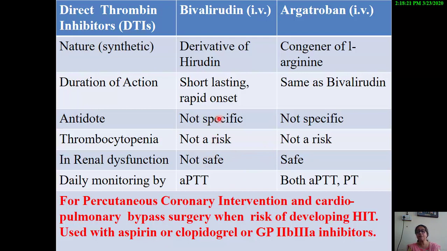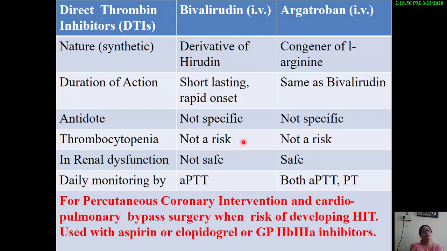So you have no specific antidote for both of these compounds. Another factor which is common to bivalirudin and argatroban is that in those patients who are at a risk of heparin-induced thrombocytopenia or where there is a history of heparin-induced thrombocytopenia, both bivalirudin as well as argatroban can be safely given in this category of patients.